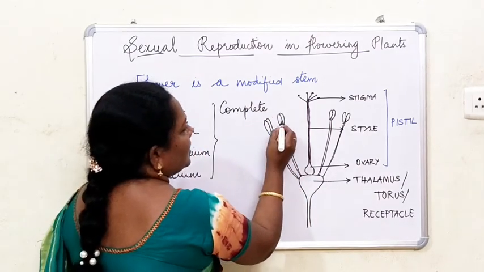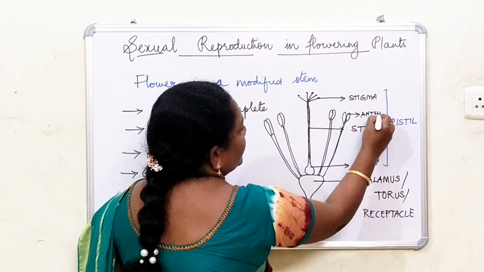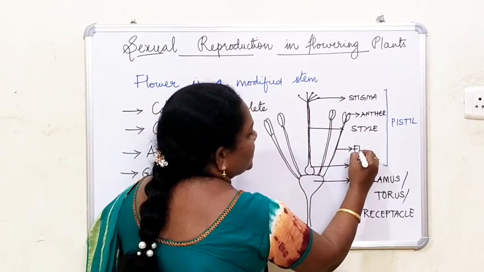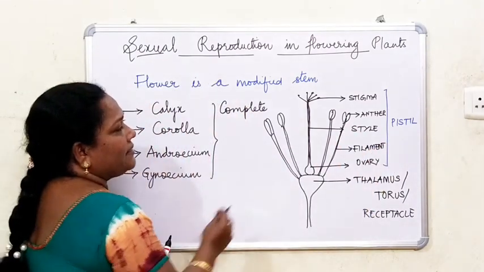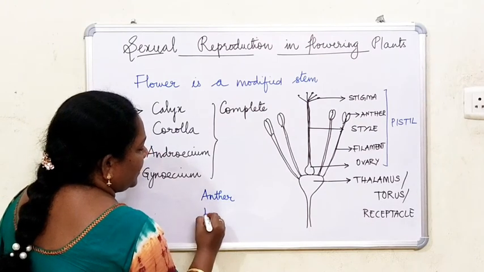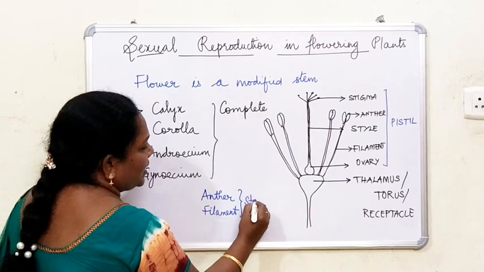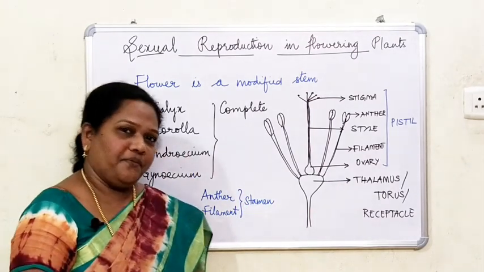This is called the anther and this is called the filament. The anther and the filament joined together are called the stamen, which is the male reproductive part of the flower.